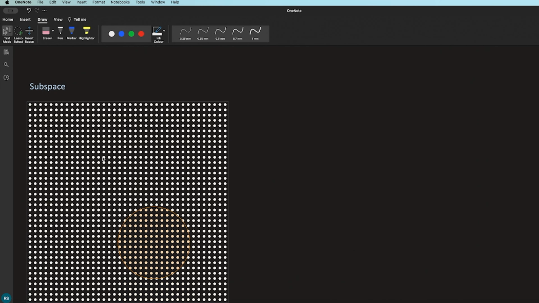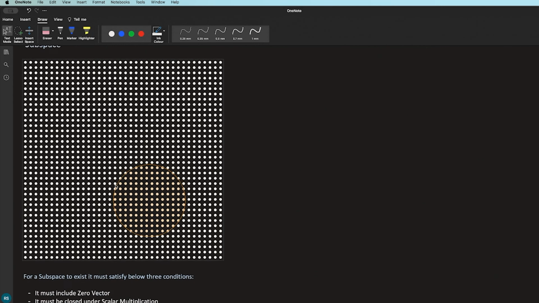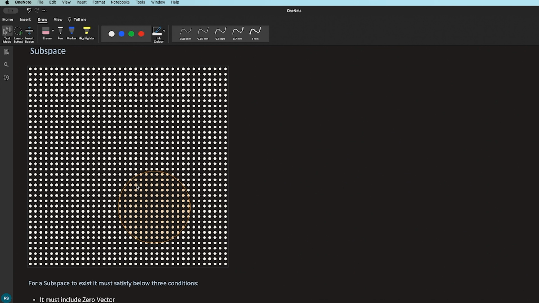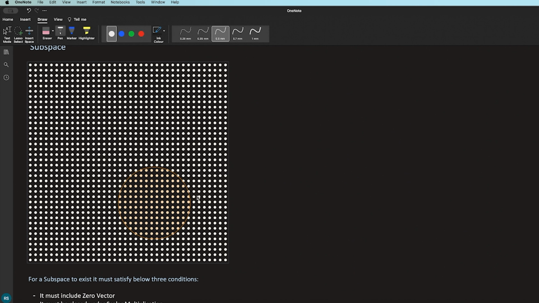Suppose this image is a 2D coordinate space containing multiple infinite vectors. Now I have drawn another space, which is a subset of this vector space. I can write this space as a vector subspace, which is a subset of the parent space.